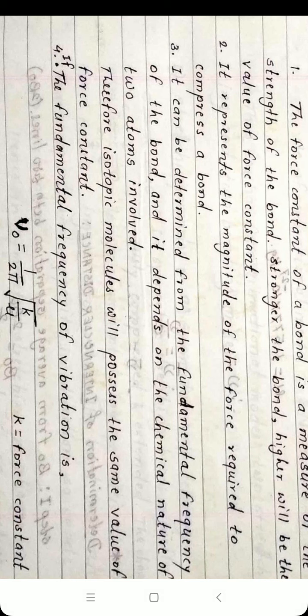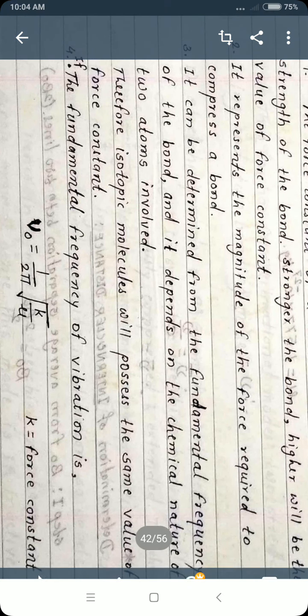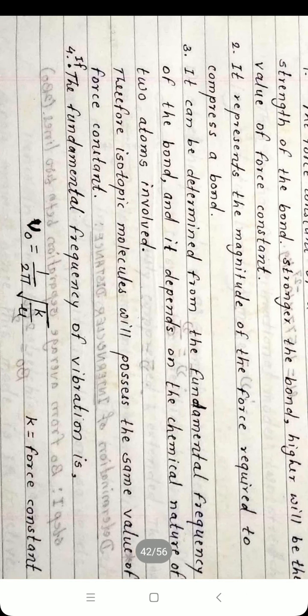Therefore, we also call the force constant the strength of the bond, as both are directly proportional. The strength of the bond, that is the force constant, depends on the chemical nature of the two atoms between which the bond exists.